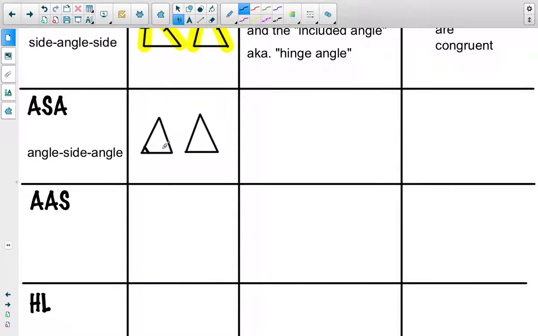Let's say this bottom left one, and let's say the top one. Let's say we have those 2 sets of angles marked as congruent, or built the same, like the triangle activity. If those are the angles that were built the same, the S in the middle means that the side that joins those two angles, which is right here, is the side that we'd have to know the length of.